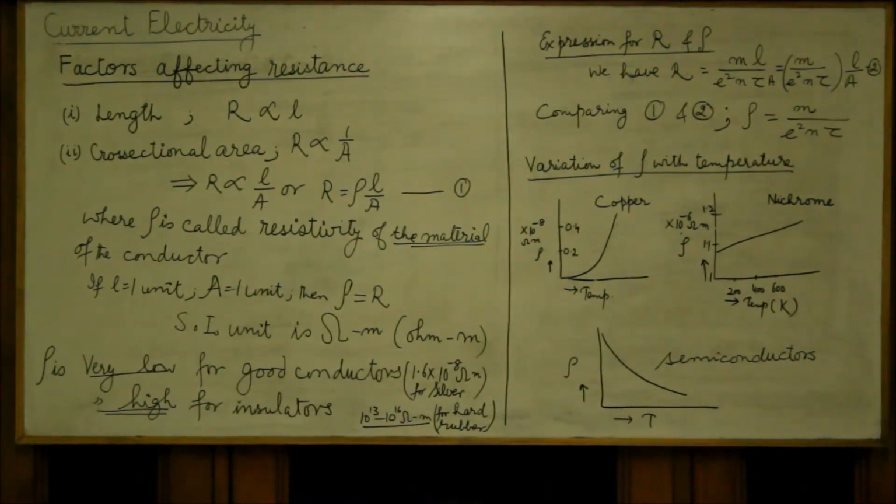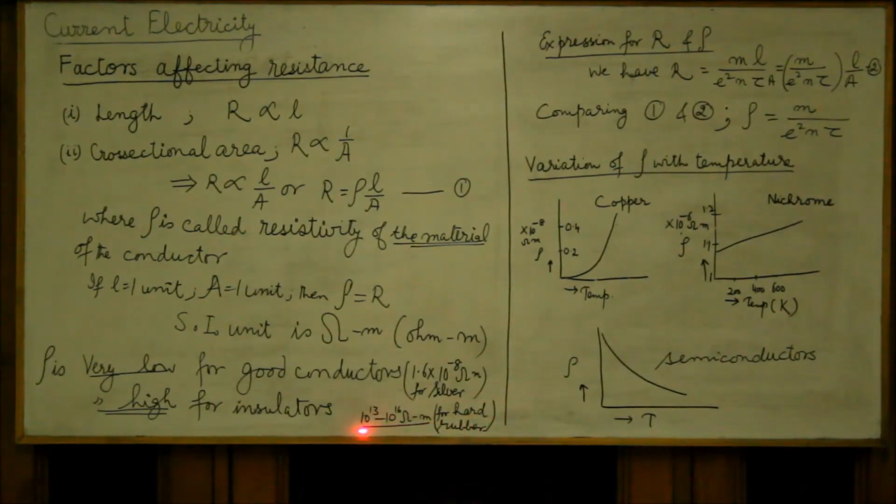The resistivity has very wide ranging values. Its value is extremely low for good conductors like silver. You can see the example here. The value is just 1.6 times 10 to the power minus 8 ohm meter, that is 0.000000016, a very low value for a good conductor, and very high for insulators.